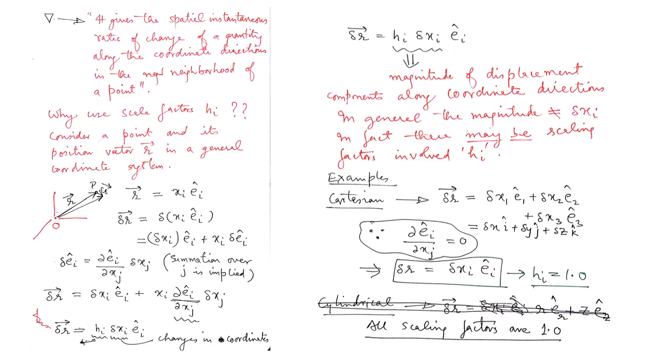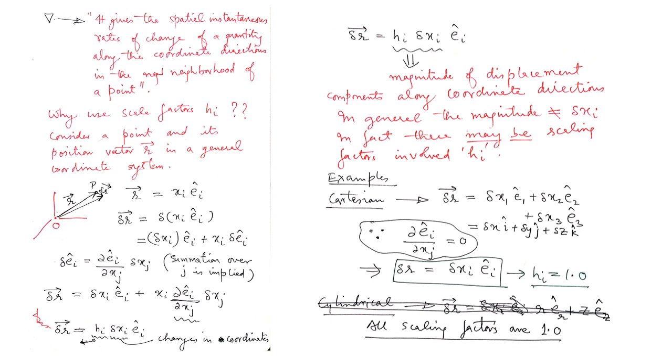So if xj is changed by a small amount delta xj, then the change it produces in the unit vector ei is the partial derivative with respect to that coordinate multiplied by the change in that coordinate. Again, summation over j is implied, because j is the repeating index on the right hand side. So I can just plug this delta ei into the above expression, and I have a general expression for delta r written like this.